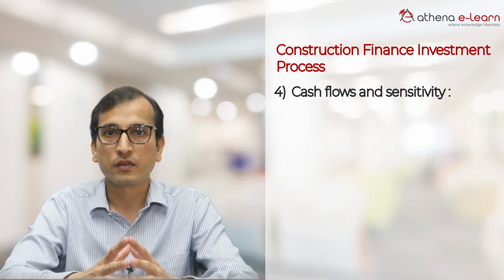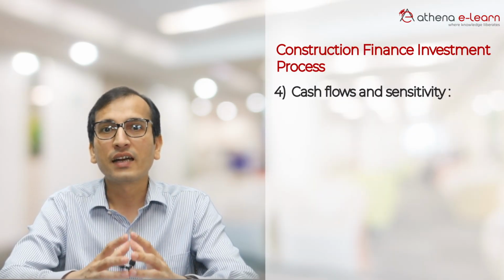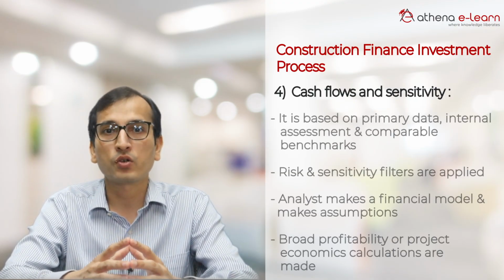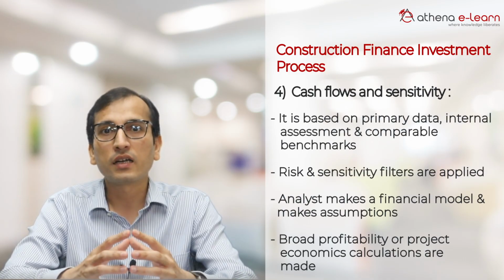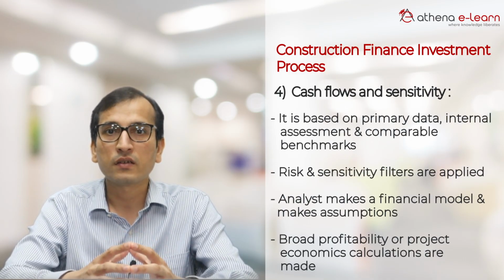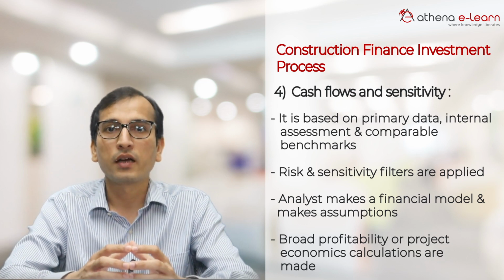The next most important step is to prepare a cash flow analysis of the underlying project. In this, the analyst makes a financial model and makes assumptions in respect of the underlying sales velocity, the phasing of the construction expenses, and the funding requirement, and makes a broad profitability or project economics calculation.